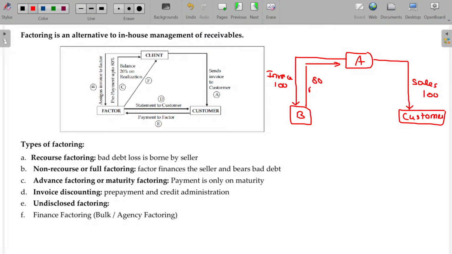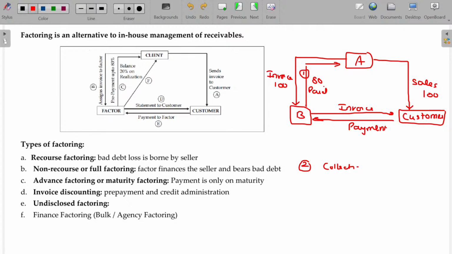And 80 rupees immediately paid. Later on, B sends the invoice or statement, whatever it may be, for the amount recoverable from the concerned customer by B, and gets the payment later on. Okay, this is the first installment. Second installment may be after the collection, B usually deducts his charges.